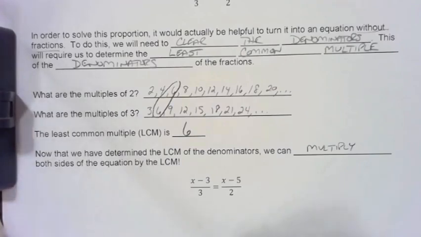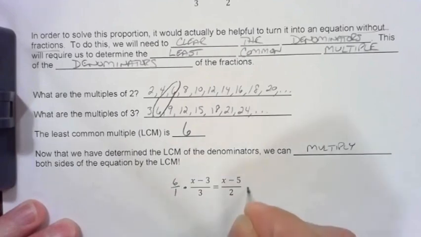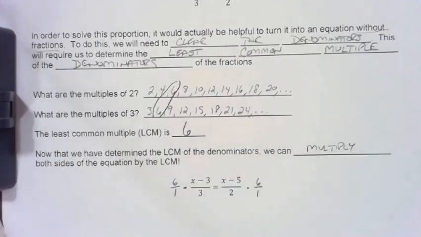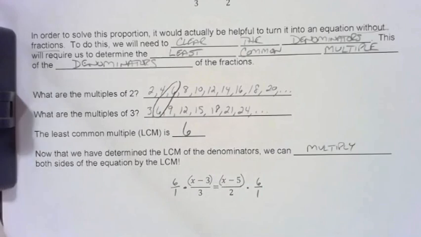So let's show that. It's an equation, so remember, whatever you do on one side, you have to do to the other. I'm going to multiply each side by 6, which is the same as 6 over 1. Since my numerator has a couple of terms in each, I'm going to put those in parentheses. Let's look at the left-hand side first.